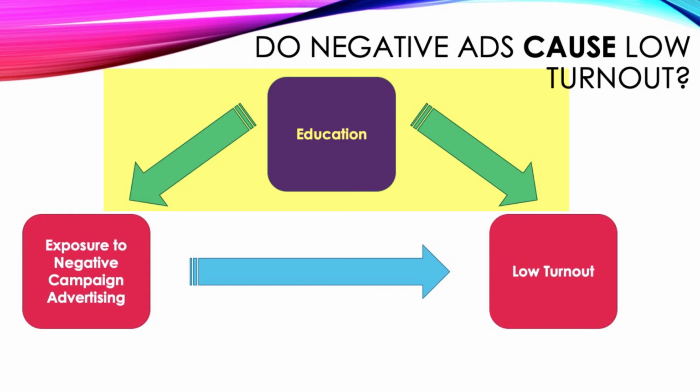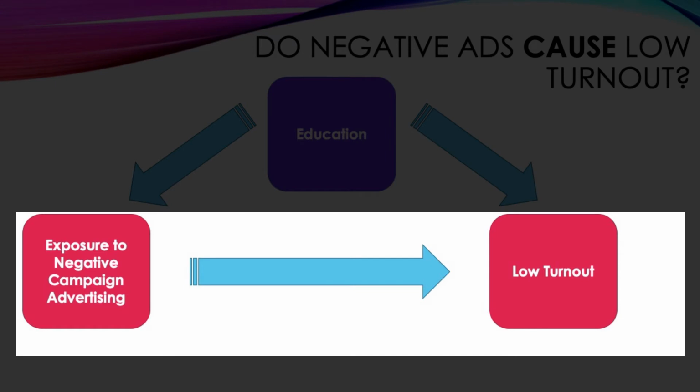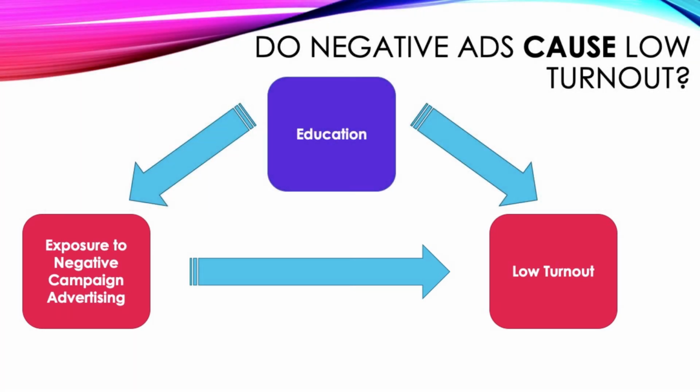So what this graph is illustrating is that we assume, or we theorize, or even hypothesize, that exposure to negative campaign advertisements will cause lower turnout. But what other things might also cause low turnout? And one of the most frequently cited variables in this literature is your level of education.